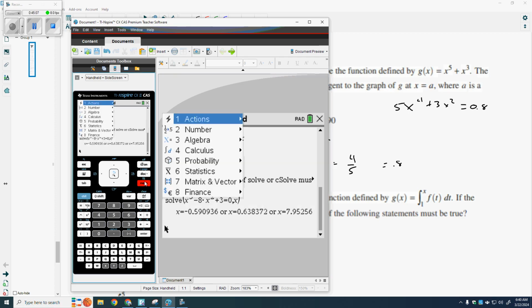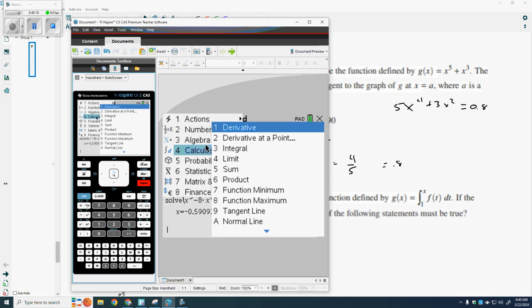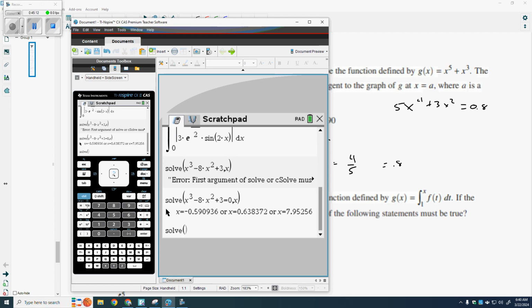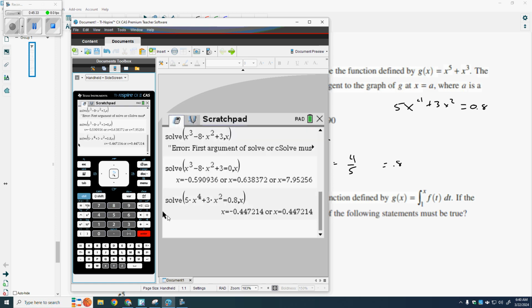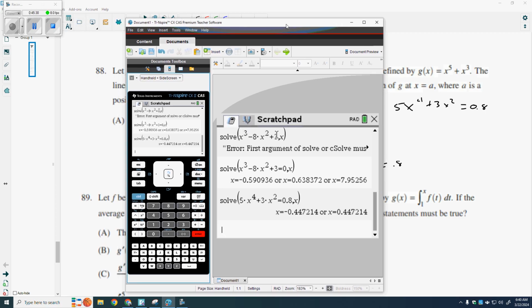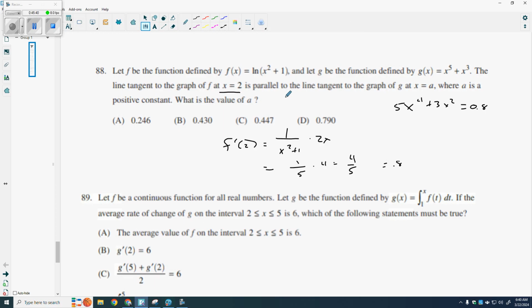Jump down here, menu, solve, and I want 5x raised to the fourth, plus 3x squared. Remember my equal sign, comma x, hit enter, and I get negative 0.44, positive 0.44.